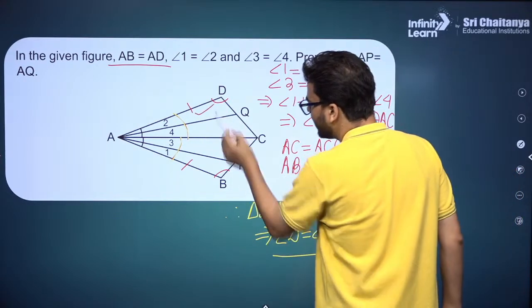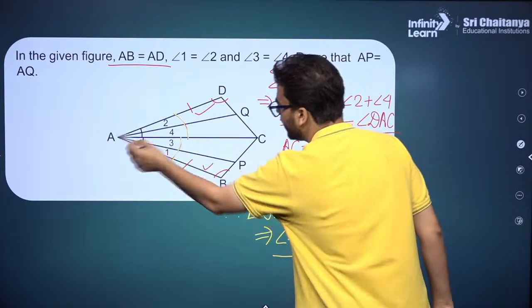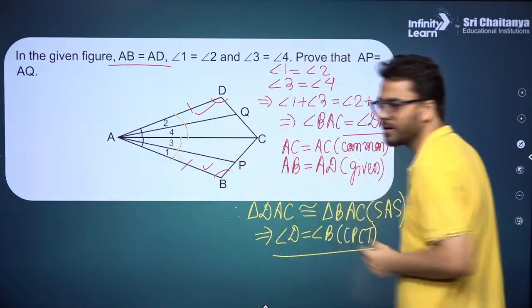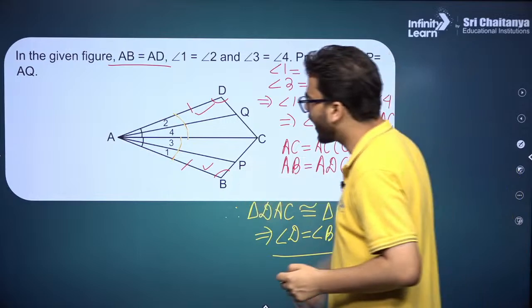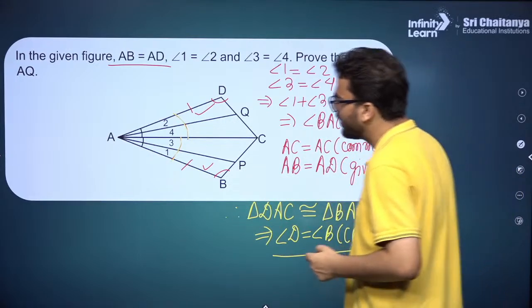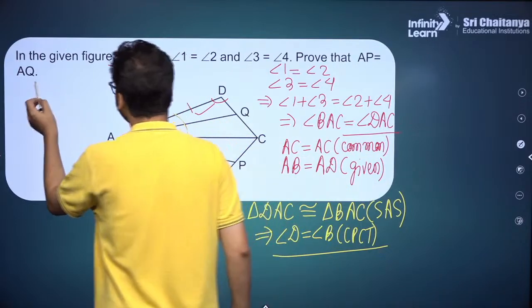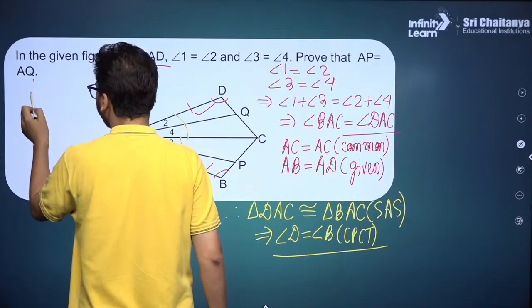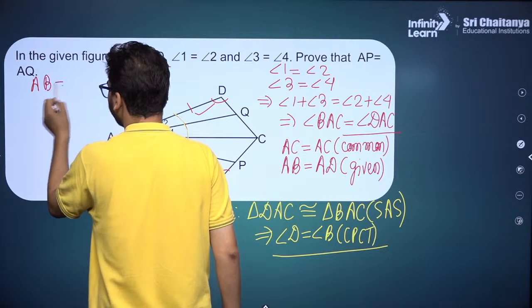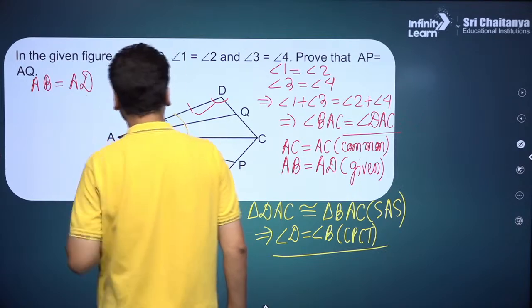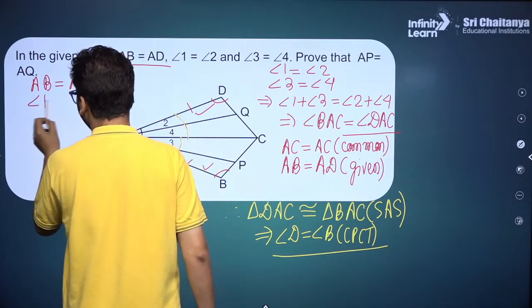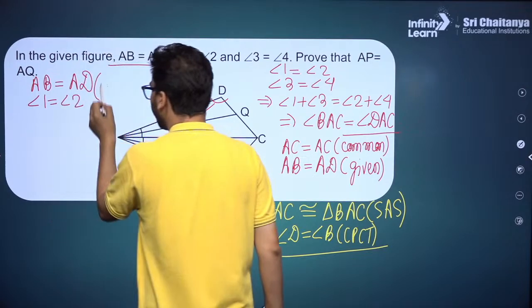If I talk about triangle DAQ and BAP, in these two triangles, AB is equal to AD is given to us already, and 1 is equal to 2 is already given to us.